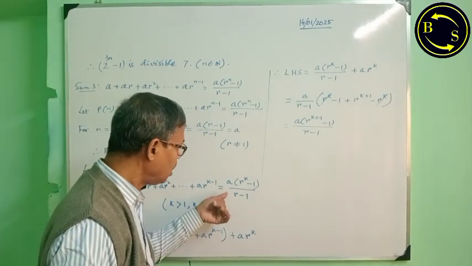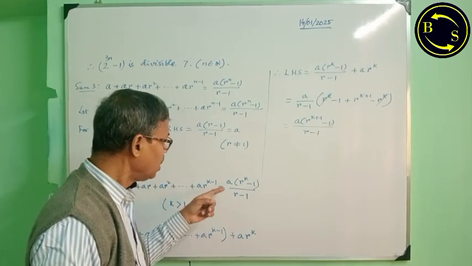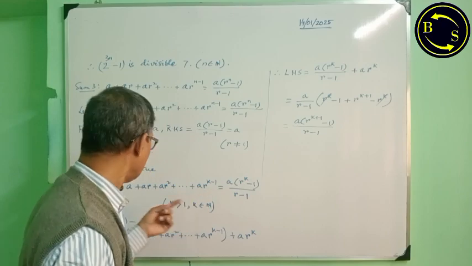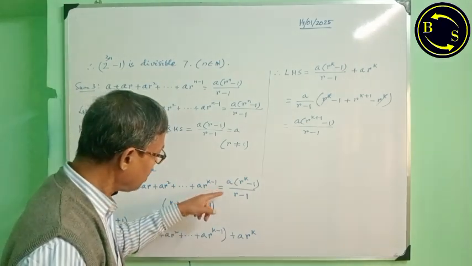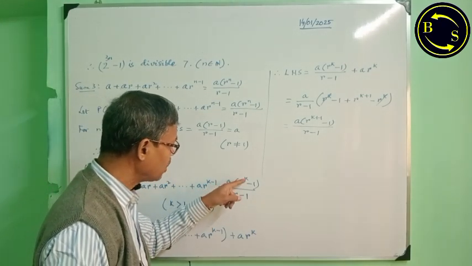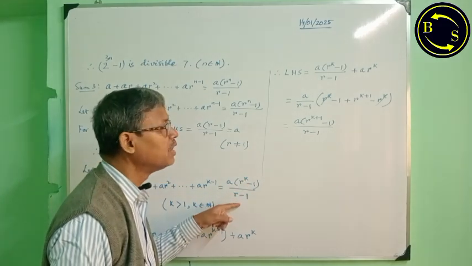You see, when k terms are there, sum is A within brackets R to the power k minus 1 by R minus 1.